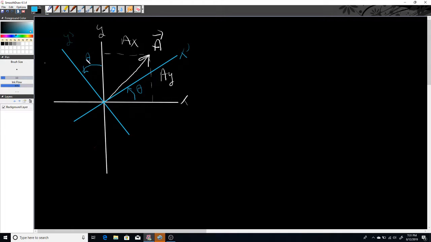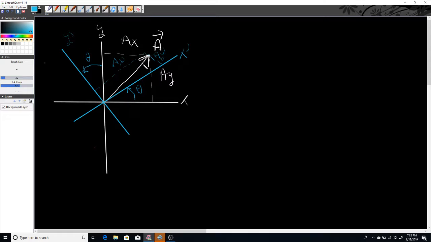So using this angle of rotation and these original components, we want to find a of x prime and a of y prime. This would be a of x prime, and this would be a of y prime in this new coordinate system.